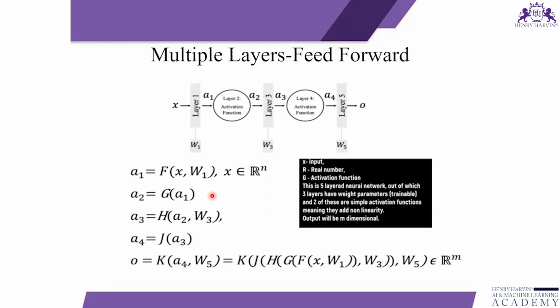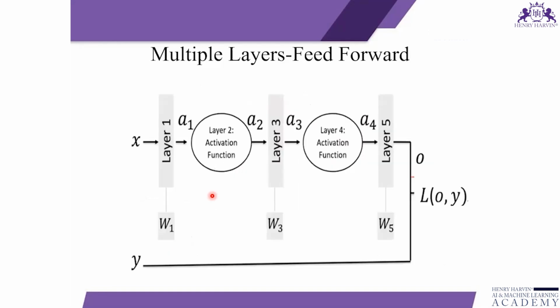Now we also know that there is a loss function, which we have already seen, which quantifies our happiness or unhappiness that we have with our current output. So we got the output O, but the true output, the ground truth, the target was Y. And now we have a function L over O and Y, which quantifies how good our O is. So this is called the loss function. And the output of the loss function is always a scalar. We have seen this.